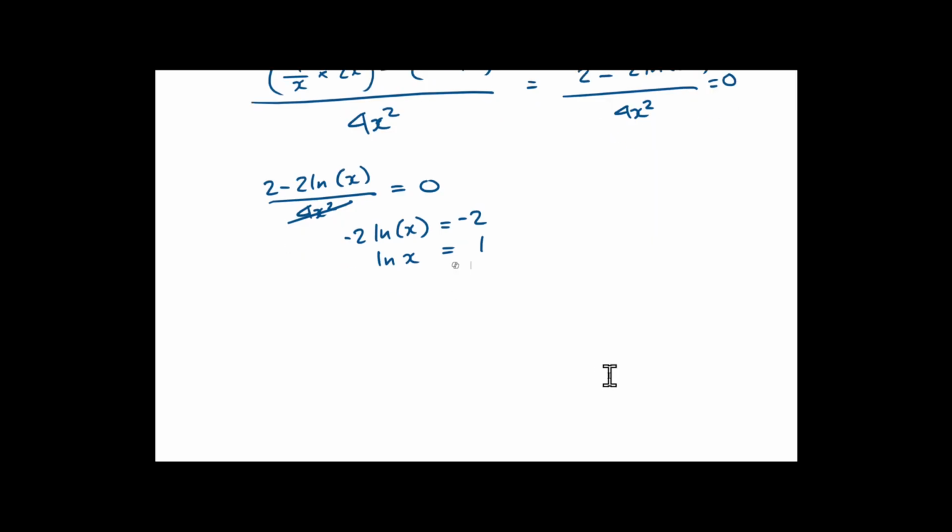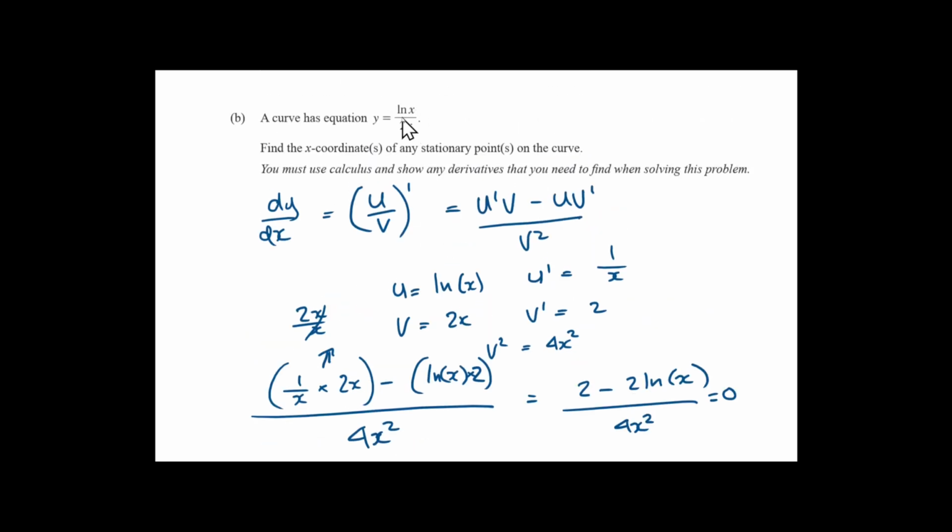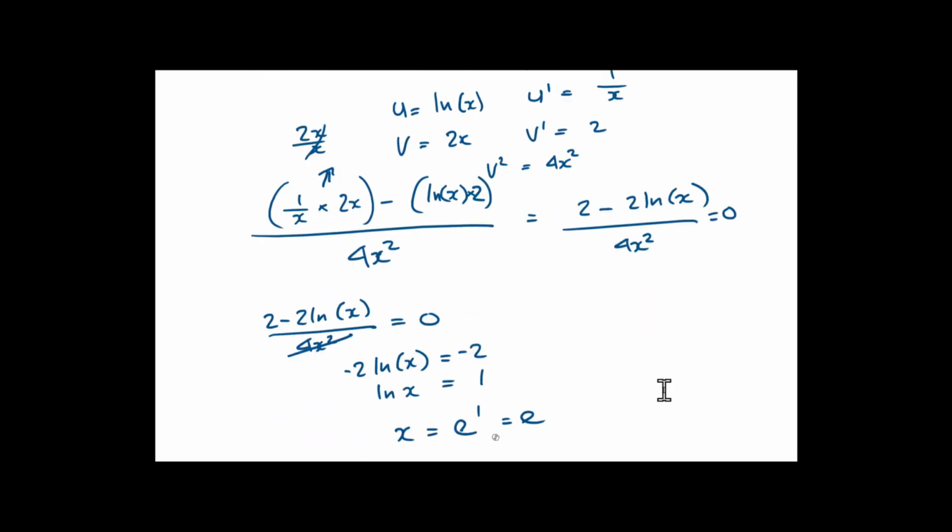And we know if natural log of x is 1, x must be equal to e to the 1, or just e. And there's only one solution, so it's where x equals e. So then we come on to the top here and put an e into our equation and see what we get.